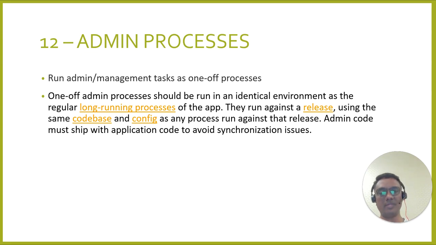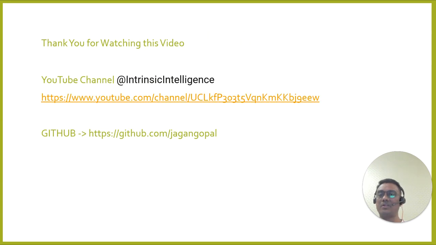These are all admin processes which are one-time processes. They should be kept separate and run as one-time processes, so that they do not affect the regular or automated process we have for development and release. So these are all the 12-factor apps we are talking about.